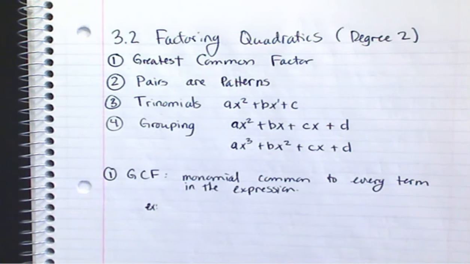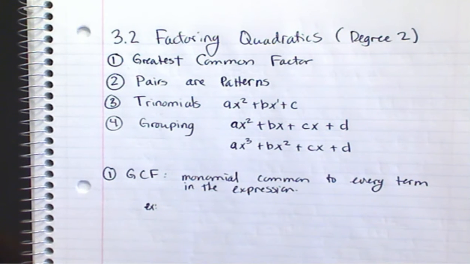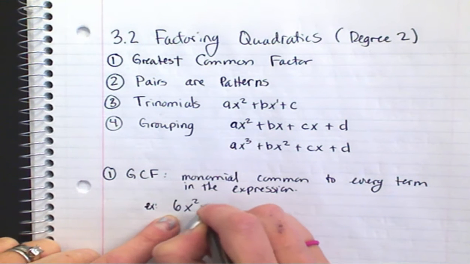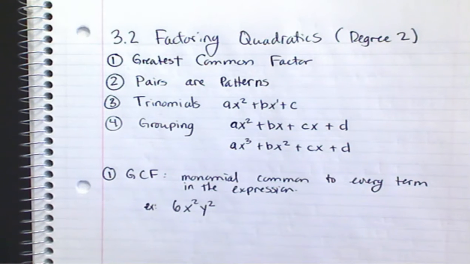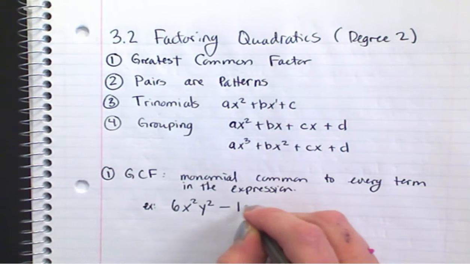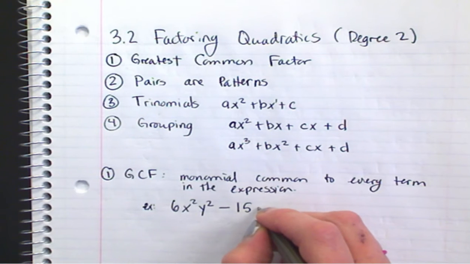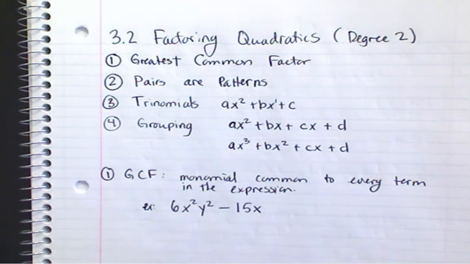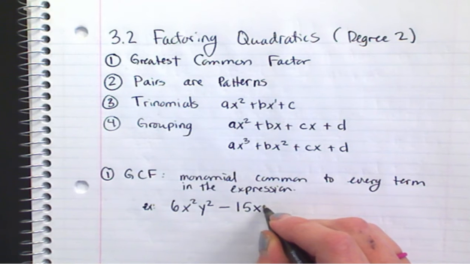Example. 6x squared y squared minus 15x y squared.